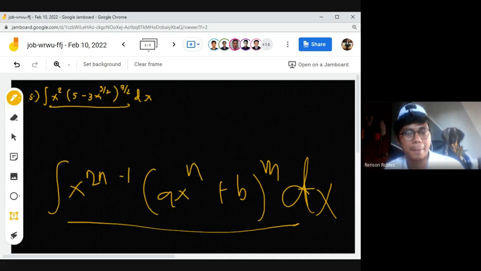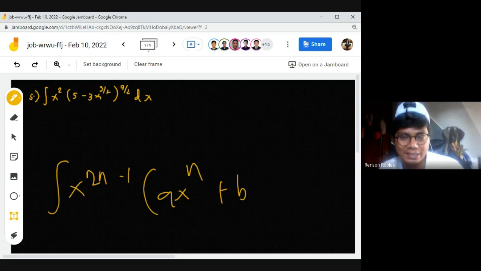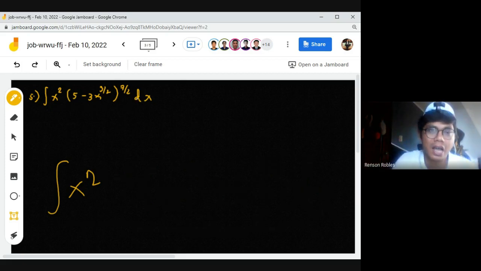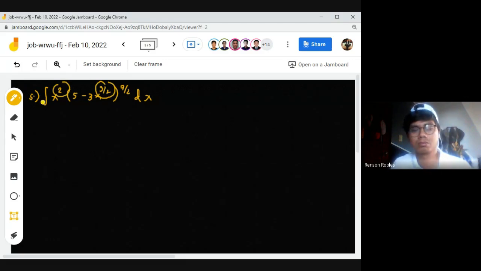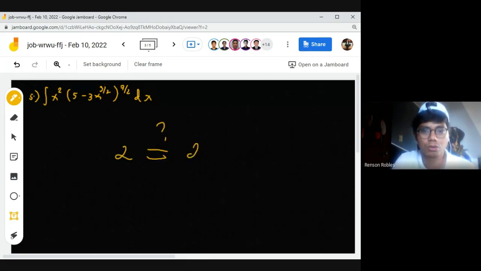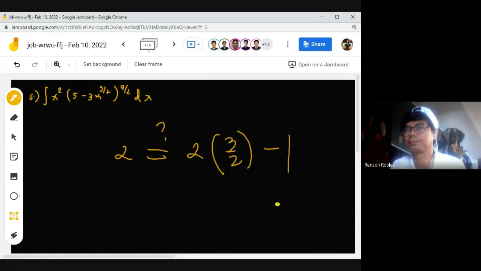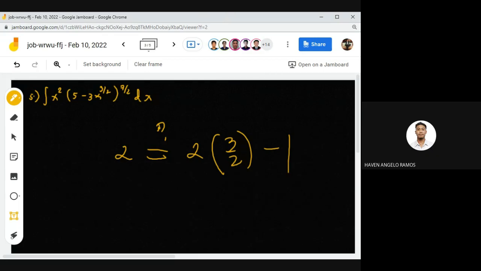Okay? So, ang i-examine nyo lang dyan yung power ng x. So, yung 3 halves at saka yung 2 is equal to 2 times n minus 1. This is correct? No? Diba? Yes po.